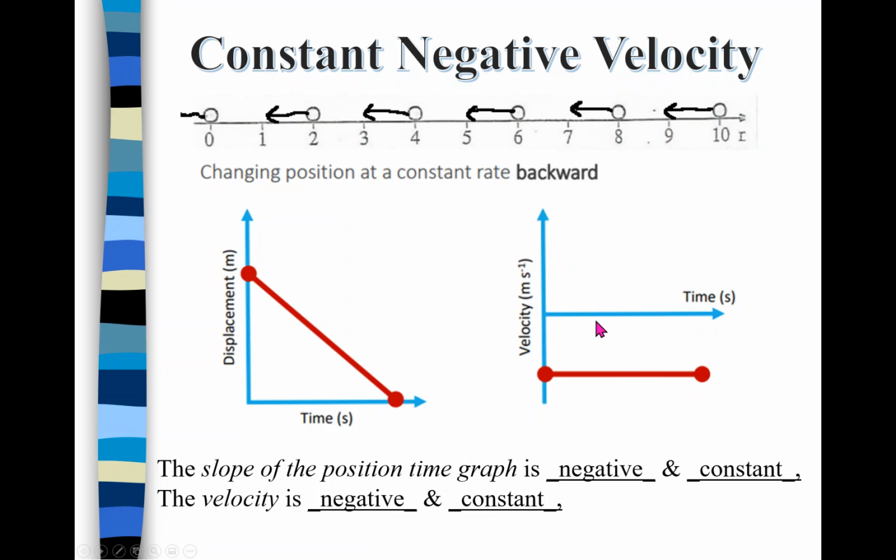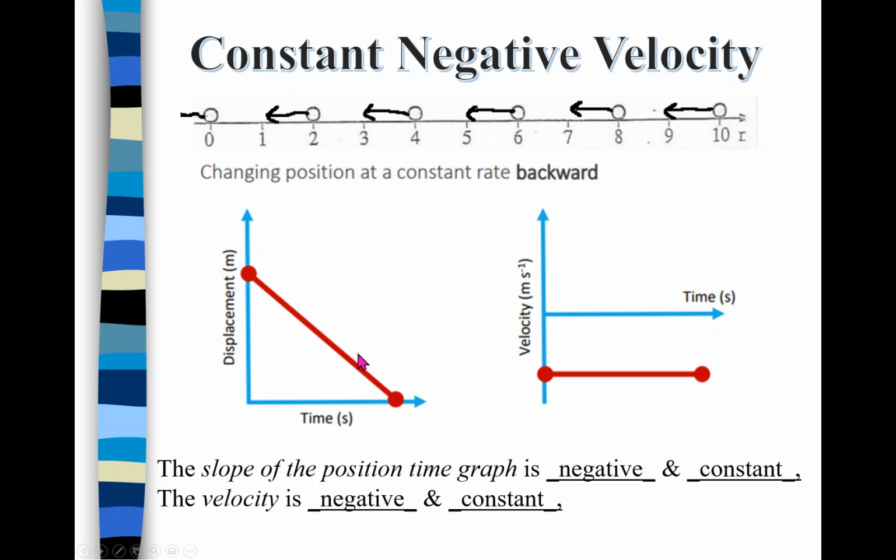Negative means we're below the horizontal time axis. Okay. On a position time graph, or displacement time graph as sometimes we call it, the position doesn't have to be negative in order for our velocity to be negative. Remember, velocity is change in position divided by change in time.